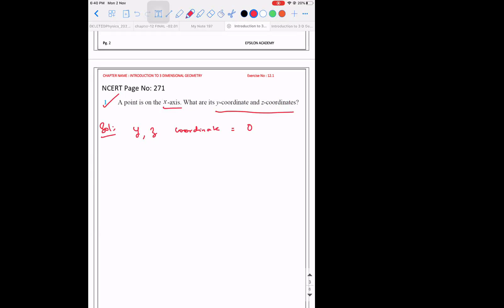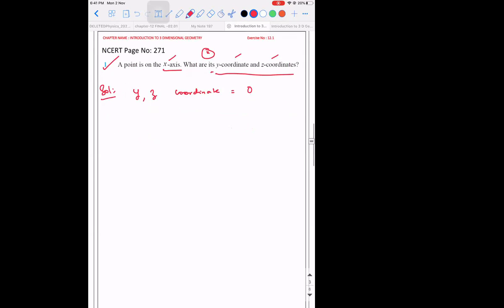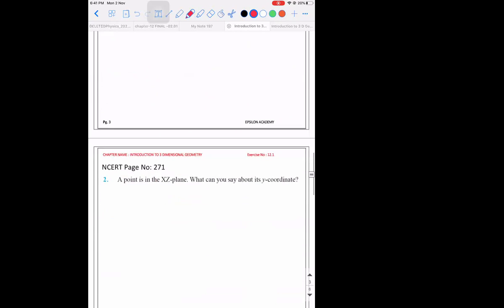If the question asks for the x, y, and z coordinate of a point on the x-axis, you can say x is non-zero, y and z are 0, provided that point is not the origin, because it is lying on x-axis.